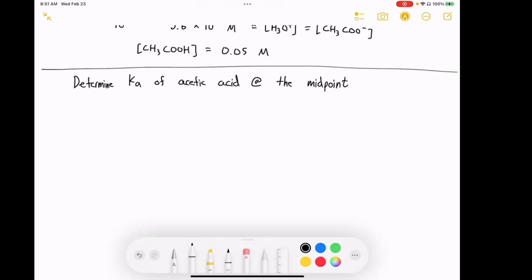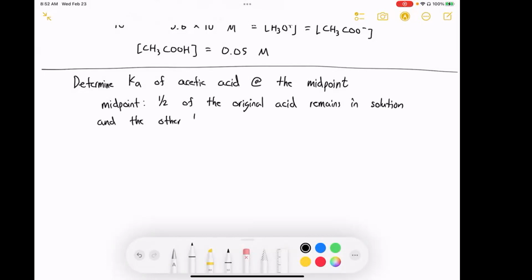So in this case, the midpoint is where 1/2 of the original acid remains in solution, and the other 1/2 is the conjugate base.